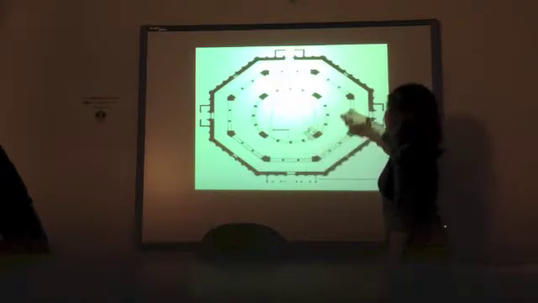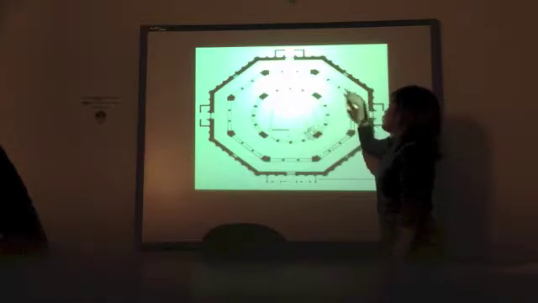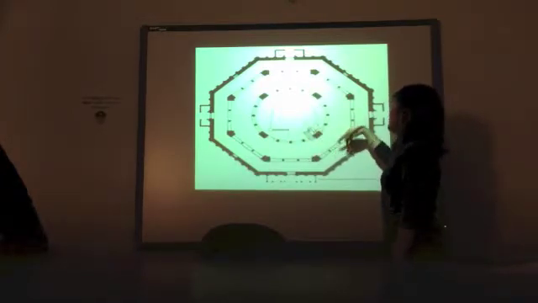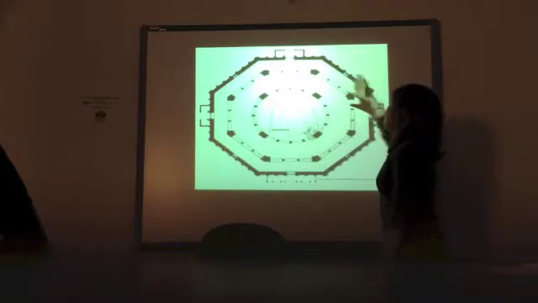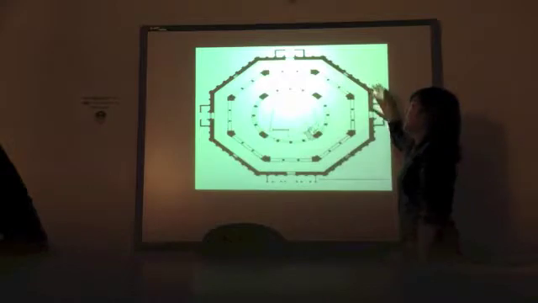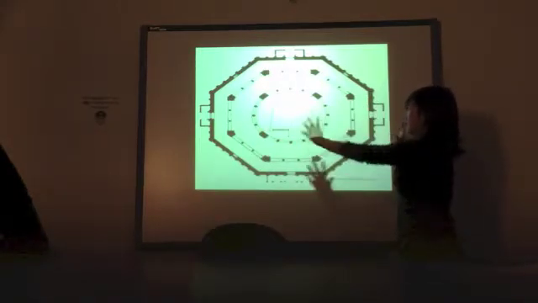And here's the inner ambulatory. This ambulatory is surrounded by 24 arcade piers and also columns. And the outer wall is actually made out of porcelain, and it also mirrors the shape of this octagonal building.